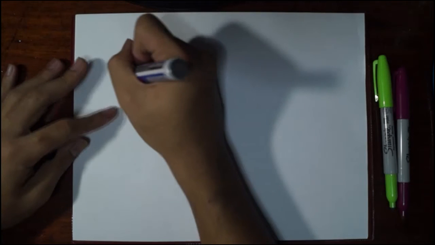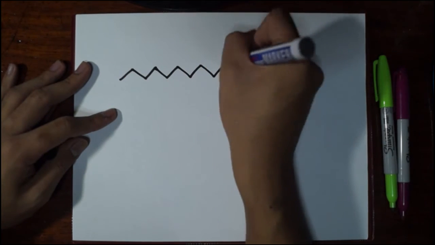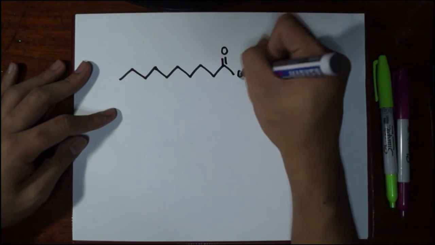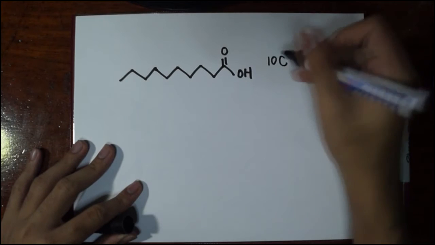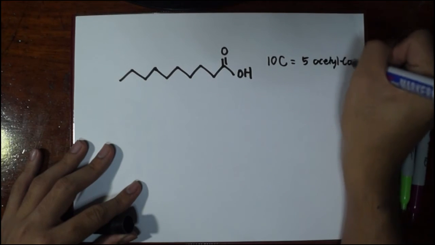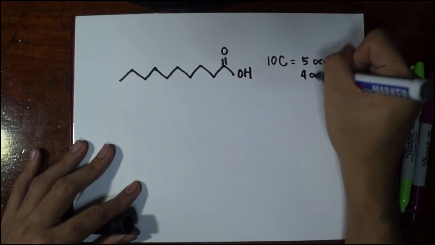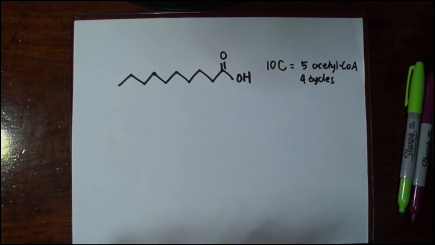In order for us to visualize that better, I'm going to get a sheet of paper. Let's visualize, for example, just a 10 carbon compound. 1, 2, 3, 4, 5, 6, 7, 8, 9, 10. If we have 10 carbons right here, we would assume that we would have 5 acetyl coenzyme A's and then 4 cycles, because the number of cycles is acetyl CoA minus 1. How did that become like that?